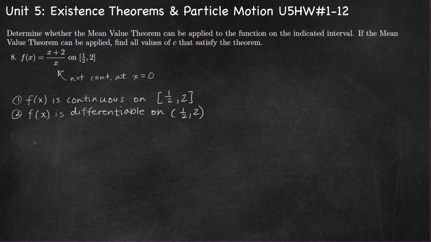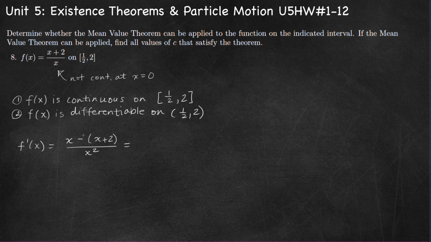Let's go ahead and find our derivative. So I've got f prime of x equals, I'm going to use the quotient rule. Now I have a choice here. I could simplify f of x and make it 1 plus 2 over x, and then I wouldn't need to use the quotient rule, but this one doesn't look too intimidating. Let's just go for quotient rule. So derivative of the top is 1 times the bottom minus the top times the derivative of the bottom, over the bottom squared.